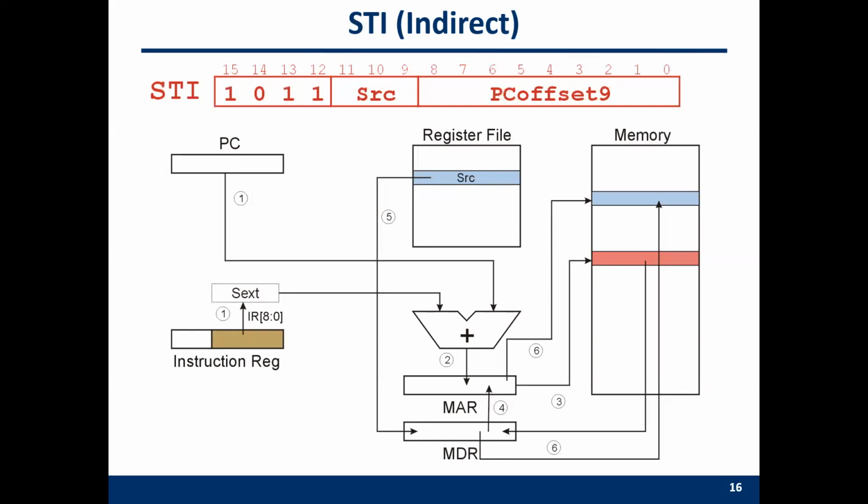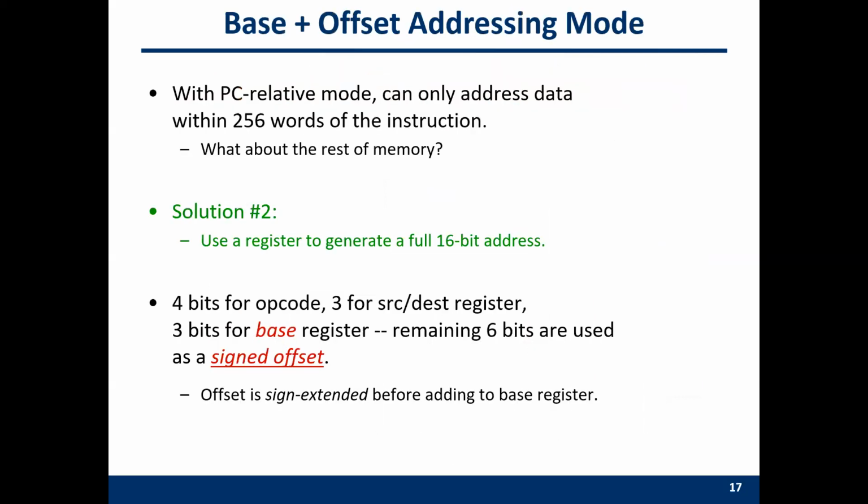Again, this is a store. How to store some data to that pointer? We also need to compute the pointer first and then store the data to the location of the pointer.